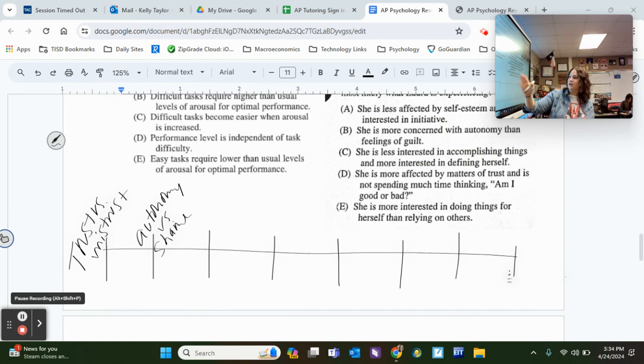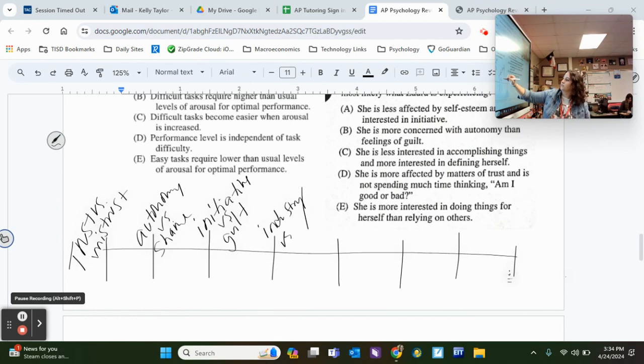Trust versus mistrust. No, there's one and then it's industry. It starts with I. Oh, initiative versus guilt. I know them from there. Industry versus inferiority. That says inferiority, clearly.